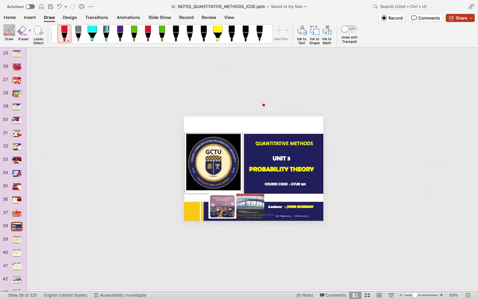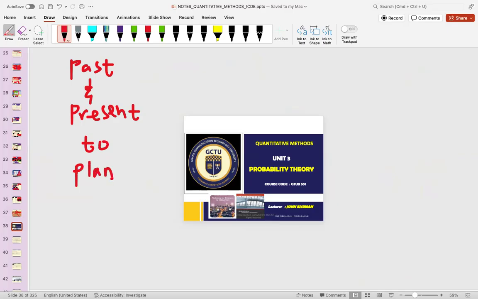But in life, you can't always use past data and present data to plan. It is not enough to use past data and present data to plan for tomorrow.